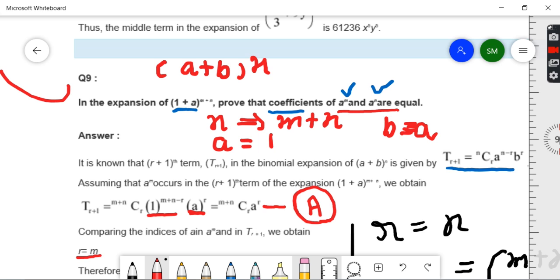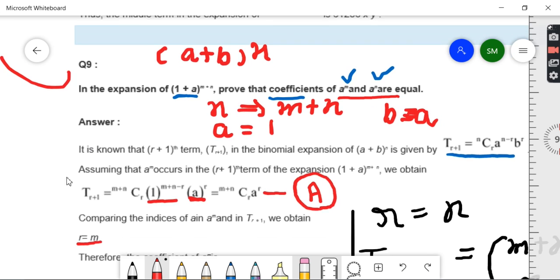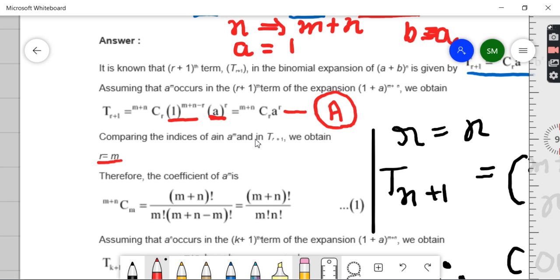Since I want the coefficient of a raised to m first, just put r equal to m. You will get (m+n)Cm, and if you apply the nCr formula, then (m+n) factorial upon m factorial into (m+n-m) factorial, and simplify: (m+n) factorial upon m factorial into n factorial.